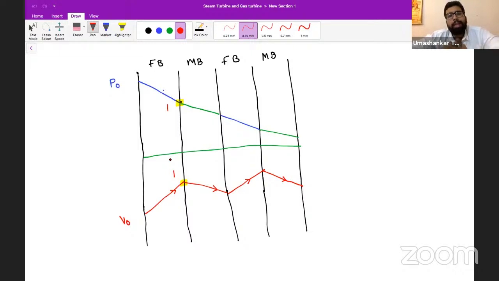Now when this high velocity steam strikes the moving blade, due to the loss of momentum there will be some impulsive effect, as we have seen in the impulse turbine. It will do some work on the blade, and the blade will rotate by the impulsive effect due to high velocity.